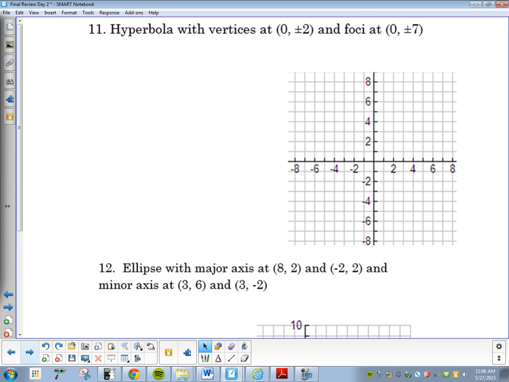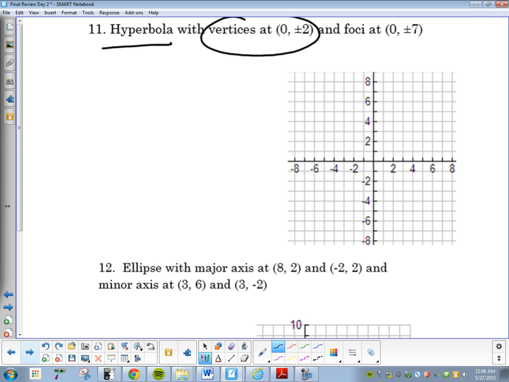11 and 12, we are writing equations of the conic sections. This was the place where we struggled the most this year, at times. Some of us did at least. Write the equation of the hyperbola with vertices at 0 plus or minus 2, so those two dots, and foci at 0 plus or minus 7.